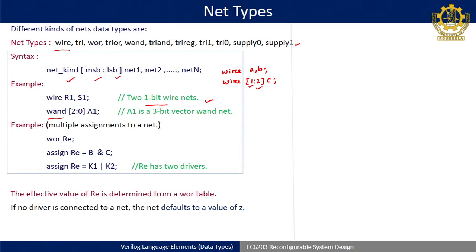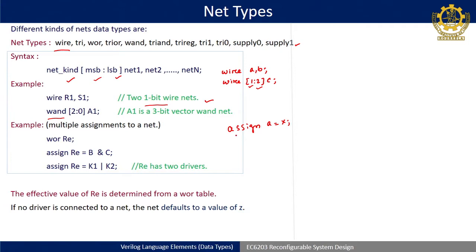Many times, if wires are not driven by multiple assignments, they are driven by a single assignment. Here I have written assign a, b, and I will write assign a = x. This is a single assignment.